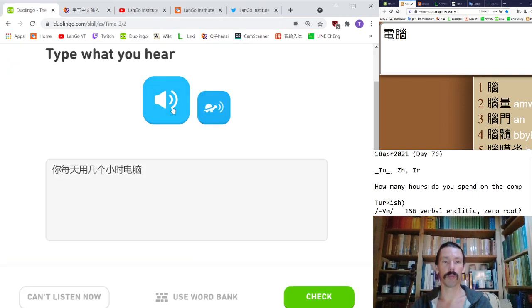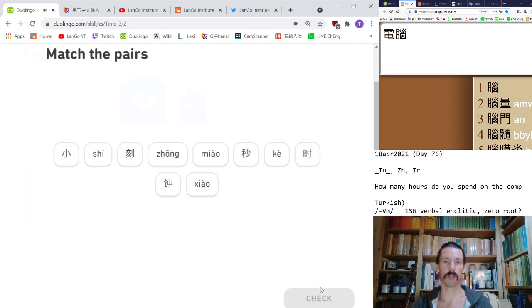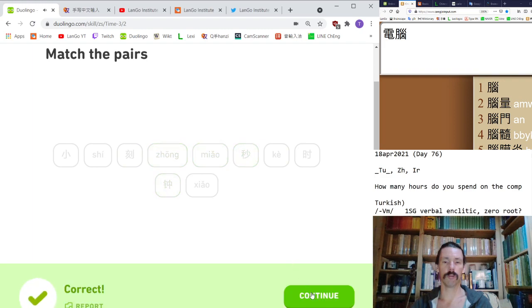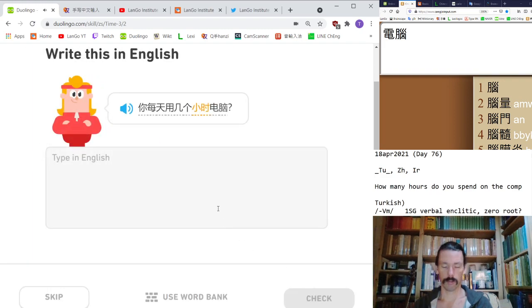So, let's compare it again. 你每天用几个小时电脑? 用几个小时电脑? 小时, 时刻, 秒钟. 你每天用几个小时电脑? That was the one I saved, right?